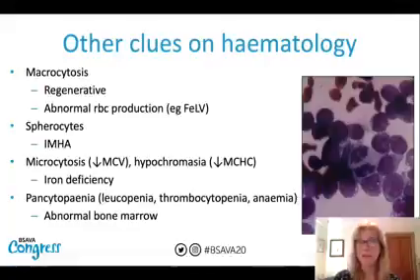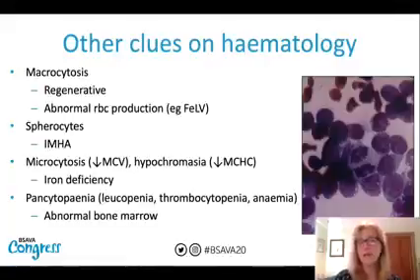Spherocytes can be associated with immune-mediated hemolytic anemia. Microcytosis, and particularly if the cells are hypochromatic, if they're paler staining on our standard blood smear, then that is consistent with iron deficiency, which can be an issue for some cats. For example, some cats with chronic kidney disease that have chronic blood loss as a contributory factor to their anemia.